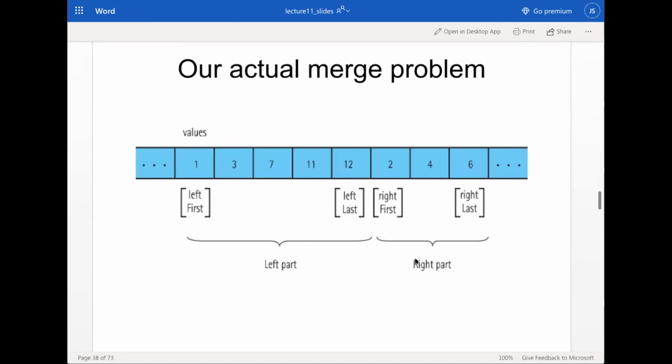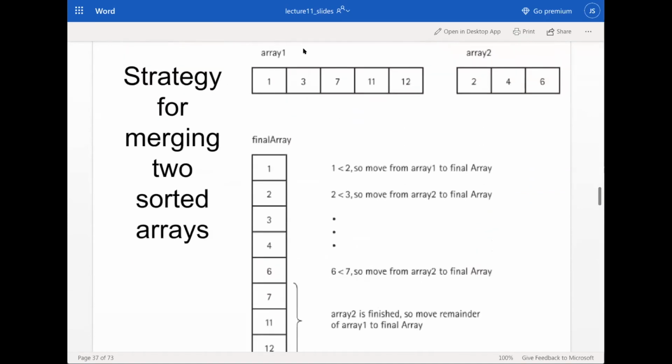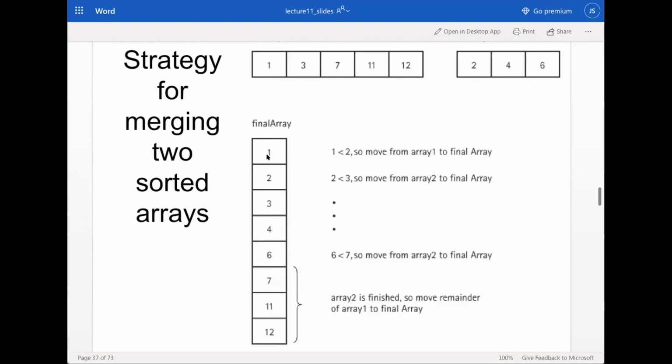The actual merging problem is that you cannot do this in place, okay? Meaning the left part is here, the right part is here, and you start up with two arrays. So what you need to do, like I said, is come up with the final array right here. This final array is the one that you need to return, right? This is your final result. But initially, you don't have this populated.